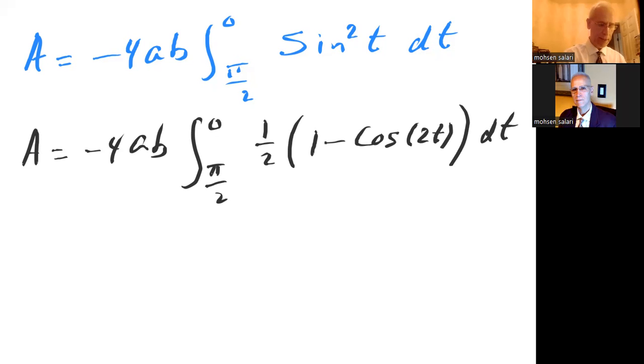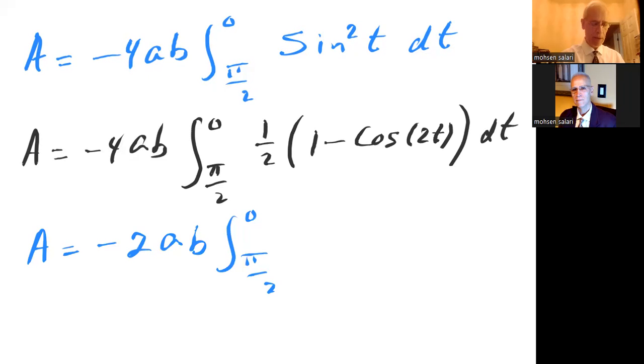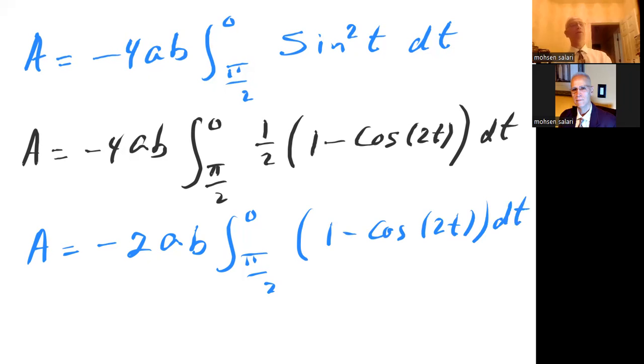So I get area equals minus 2ab from pi over 2 to 0 of 1 minus cosine of 2t dt. And from this point on, it should not be too hard for you to finish it up, but I'm going to go ahead and do it anyway. Let me go to the next page.